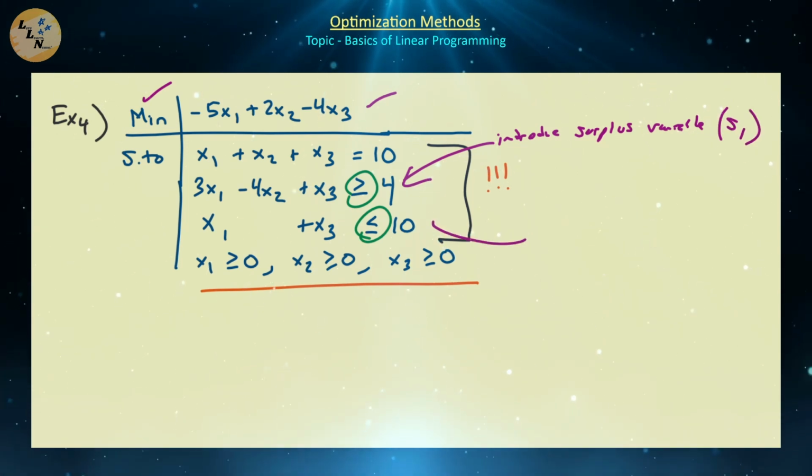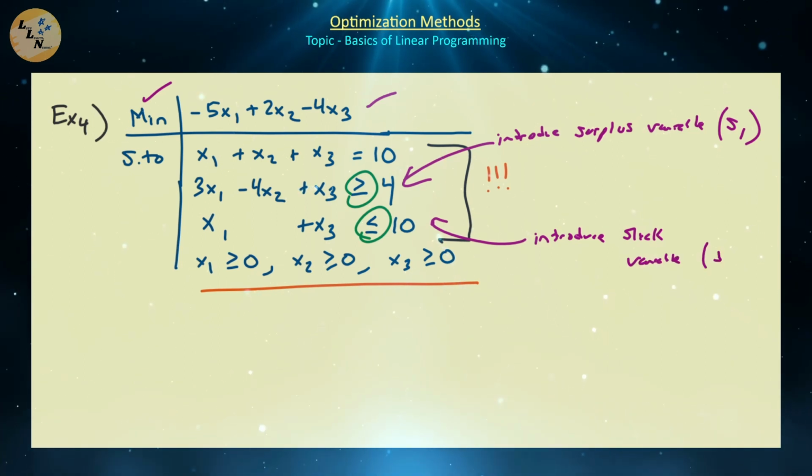And for this other equation, notice that we have a deficiency because the sum is less than or equal to 10. So we need to add something to that sum in order for it to be equal to 10. So that means we need to introduce a slack variable, and let's call that slack variable S2. And keep in mind, once we introduce these, we're going to mandate that S1 and S2 are non-negative.